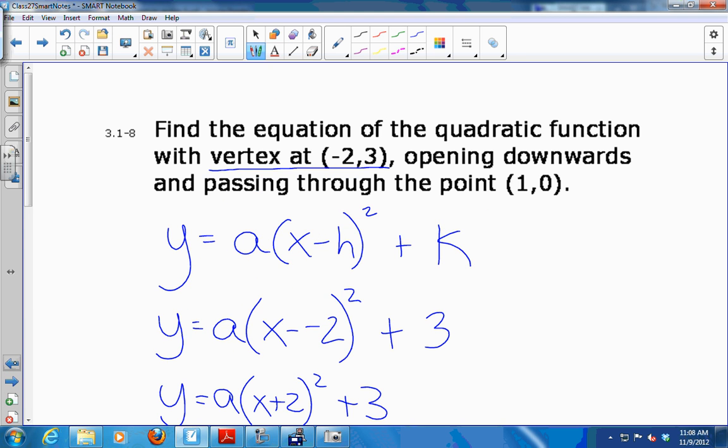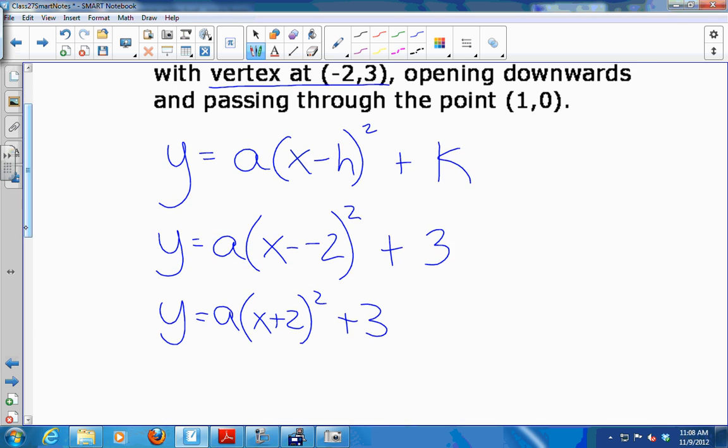I do the same thing here. I start with my general form. I plug in what I know. I'm still missing one piece of information. I need to know what this a is. So I use my point. It goes through the point (1, 0). I make x 1 and y 0, solve for a.